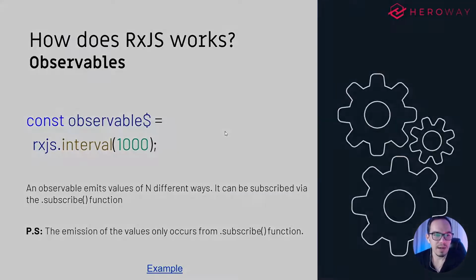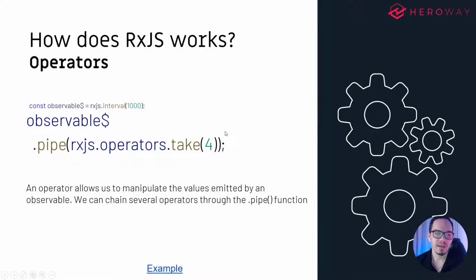Well, so now let's understand how the operators work. The operators are functions that are made to build on top of an observable. Through this observable, we can create a pipeline and create a lot of operators that help us to handle this code.